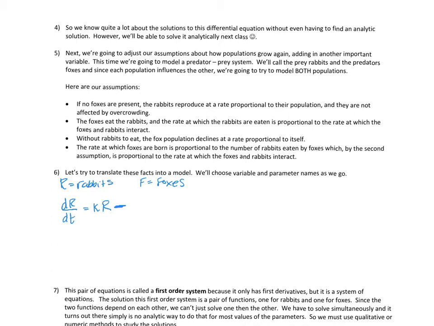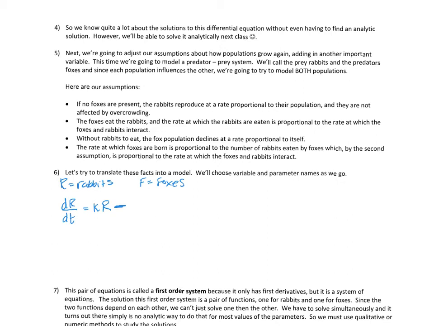I need something that shows that when there are more rabbits, interactions will increase. If there are more foxes, interactions will increase. If there's more of both, interactions will increase. So I could add the number of rabbits and foxes together, or I could multiply the number of rabbits and foxes together. Either one will get that effect where if you increase the population of one, the interactions will also increase. And we're just going to make a choice here to use multiplication.